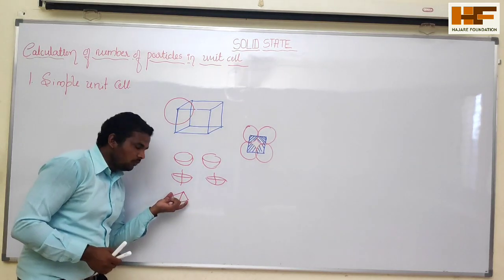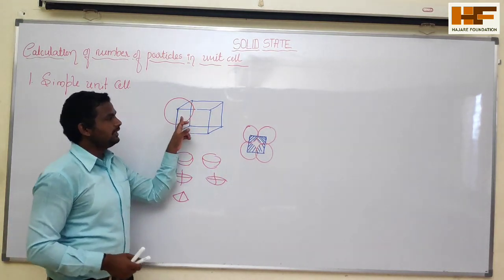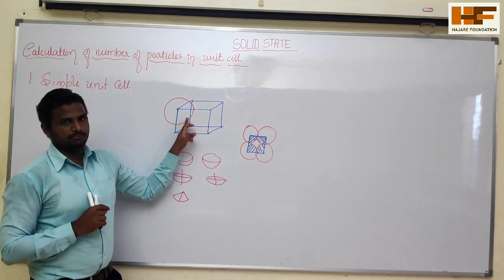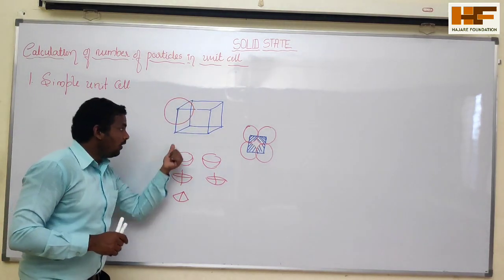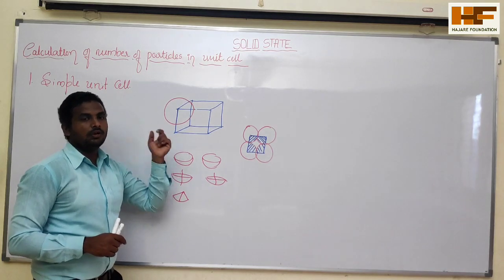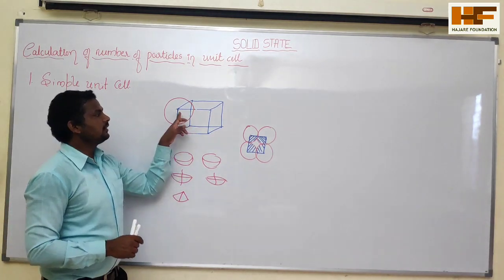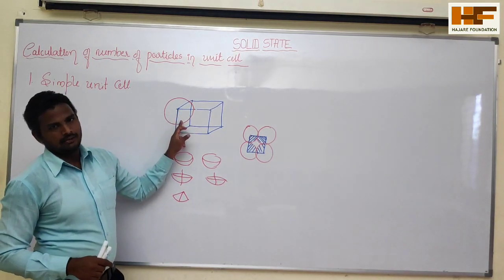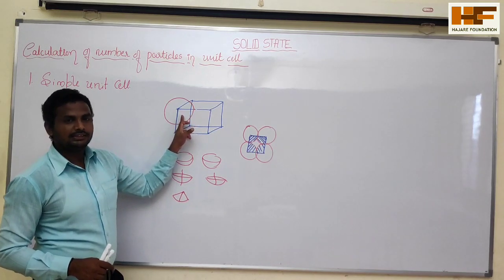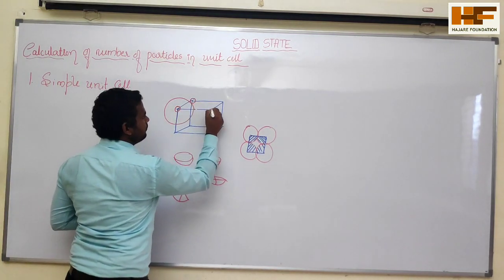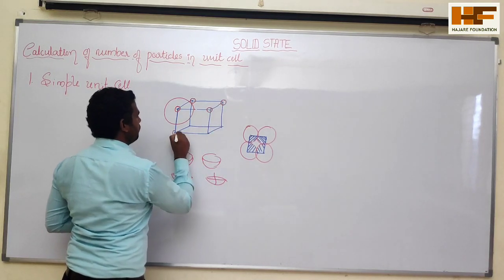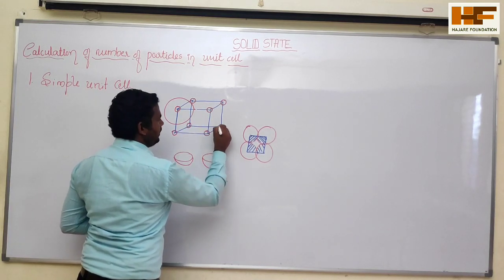In that, only one part is contributed by one atom in the simple cube. Means in the whole atom only 1/8 part is contributed by the one atom in one corner. Means in this we are having 1, 2, 3, 4, 5, 6, 7, 8.